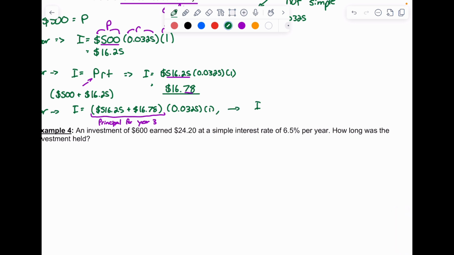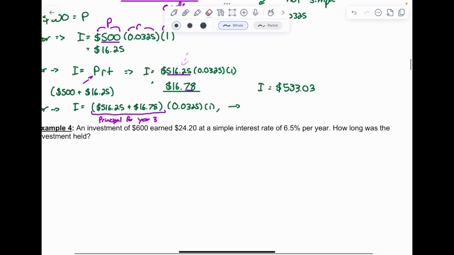The interest earned, and I'll just put the numbers out so you can see it. I'll give myself a little more space here. The interest earned is 516.25 plus 16.78. So here, the principal I am now applying is 533, right? This is what your account would say when you're into your 3rd year. Look, it's more than this, and it's more than this.